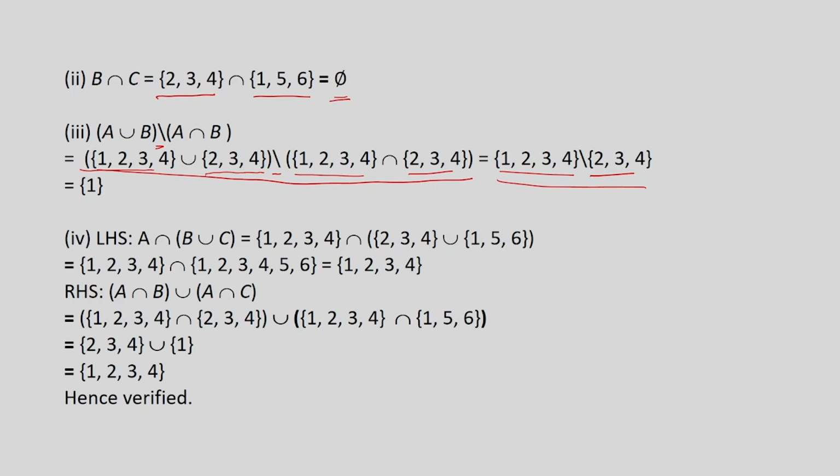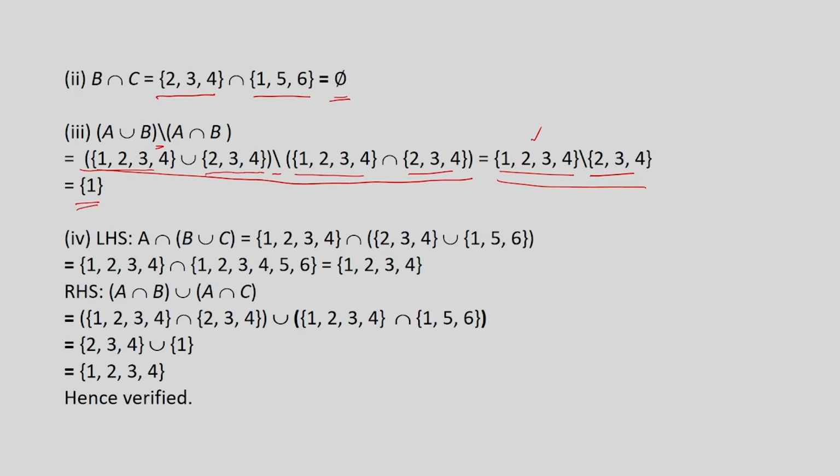Minus means we have to take out those elements in the first set which are there in the second set as well. Here 2, 3, 4 are there in the second set. So we take them away and we get only 1, right. So this is the answer.